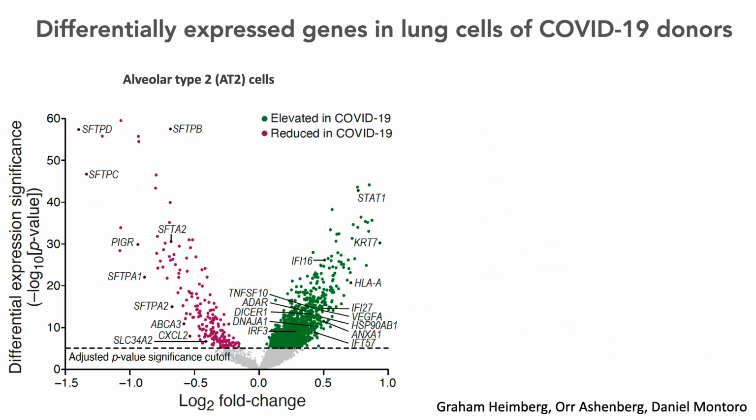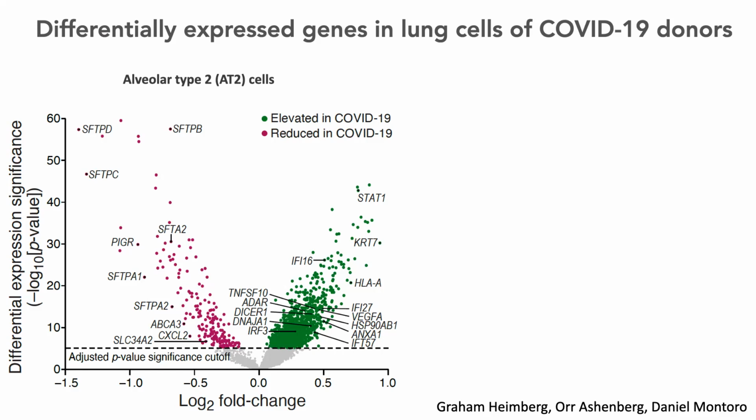We next wanted to identify cell type expression changes associated with severe COVID-19. To do this, we identified differentially expressed genes between AT2 cells specifically from the COVID lung and the healthy lung. On this volcano plot, each dot is now a gene. Genes on the right, which are colored in green, are upregulated in the COVID-19 lung.